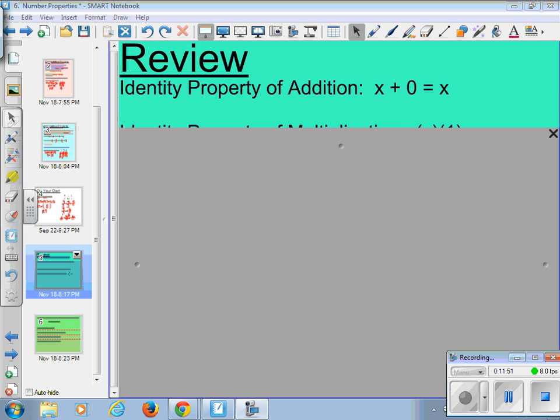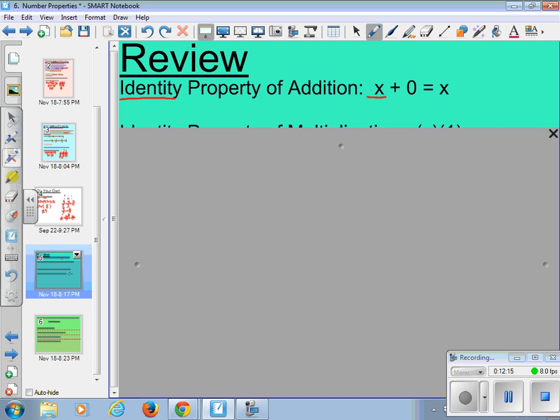All right, guys, that'll be the end of your notes, but we're going to review a couple properties for you before class tomorrow. Our identity property of addition. So the key word here is identity. When you see that word in the property, that means we're going to keep our identity. In this case, our identity is x. So we're going to have to think, what can we add to x to keep x?